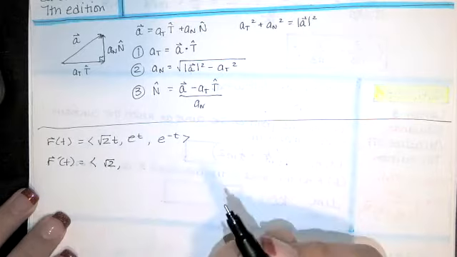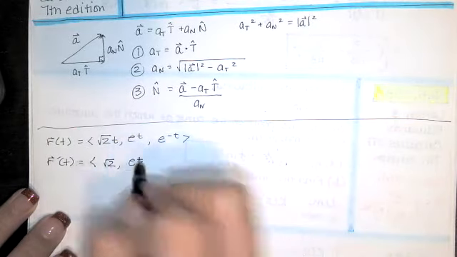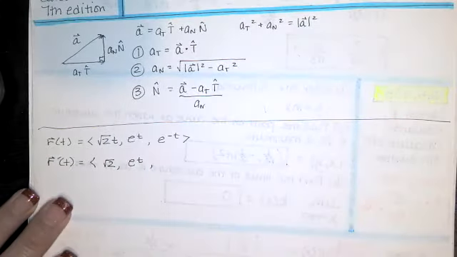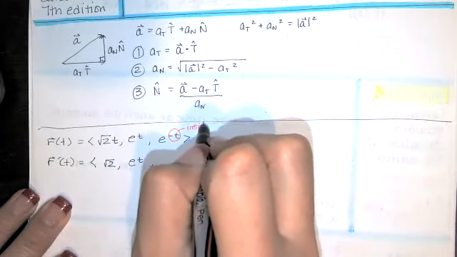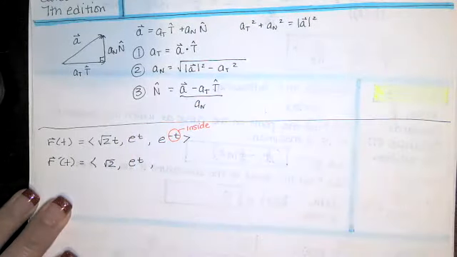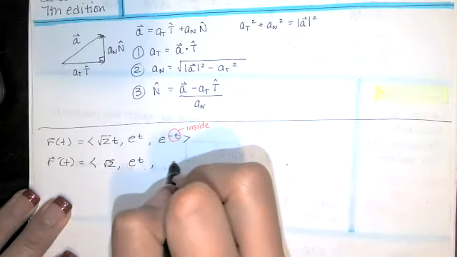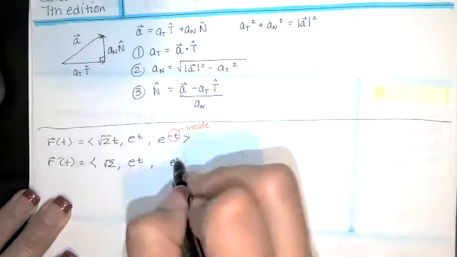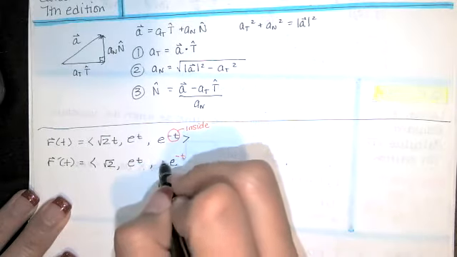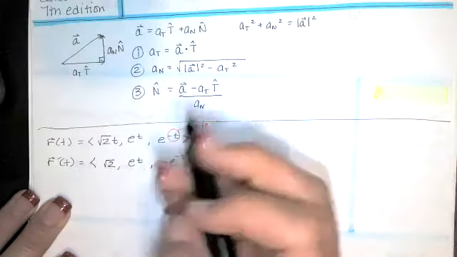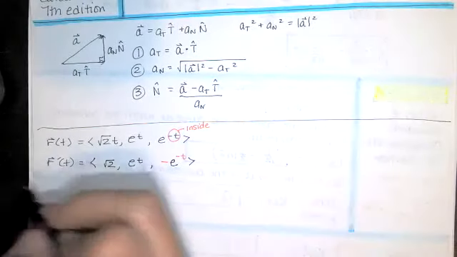The derivative of a constant times t is just the constant. The derivative of e to the t is e to the t. Over here, I've got a function inside another function. The derivative of e to some power is e to that power times the derivative of the inside by the chain rule. The derivative of a constant times t is just my constant, which in this case is negative 1.